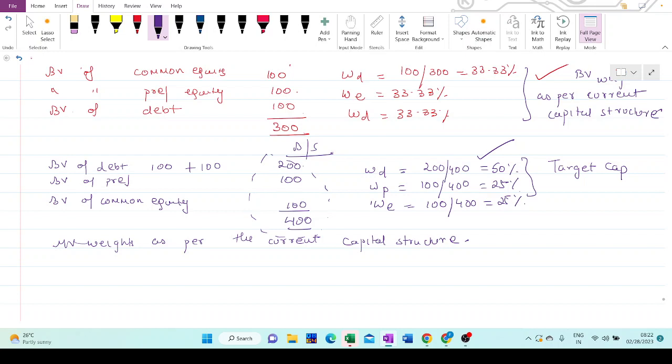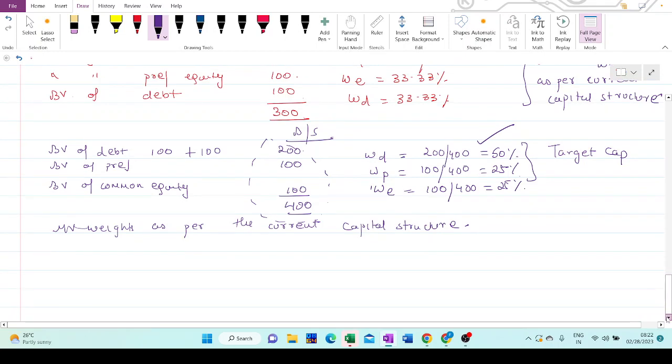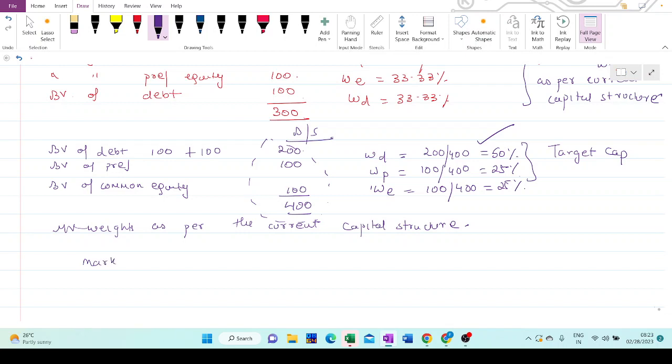So you might be wondering, what do I mean by this particular term? Let's understand this with the help of an example. Say, guys, the market value of common equity, or the market capitalization of the company, is 105 million.